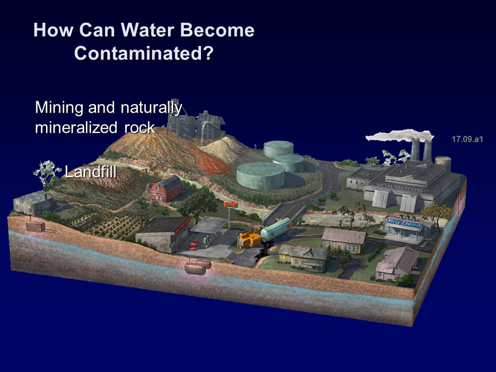Landfills. There are all sorts of things that we throw away that can end up becoming contaminants. And landfills are actually very interesting because they lay down layers of impermeable material in between each layer of trash.